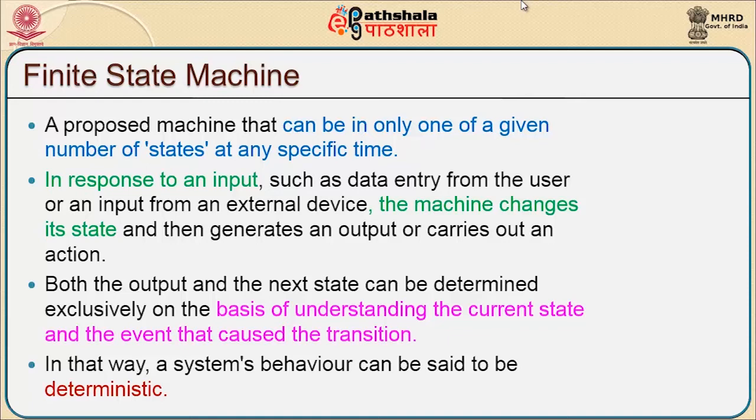In response to an input, such as data entry from the user or an input from an external device, the machine needs to convert these inputs into other states and then generate an output or carry out an action. Both the output and the next state can be determined exclusively from the current state and the event that caused this transition. In this specific way, the system's behavior can be said to be deterministic.